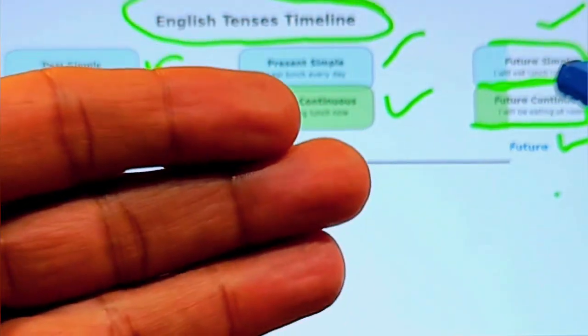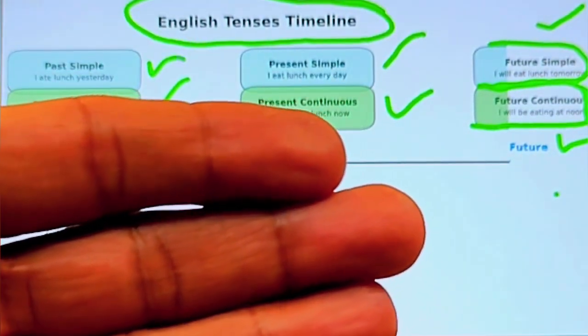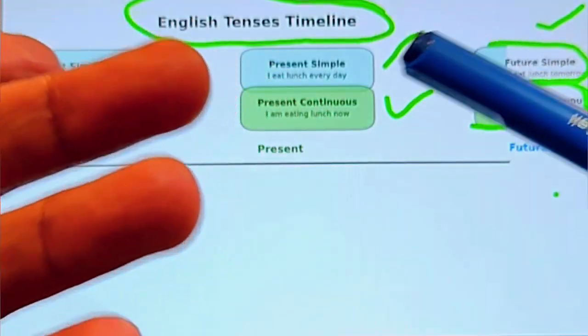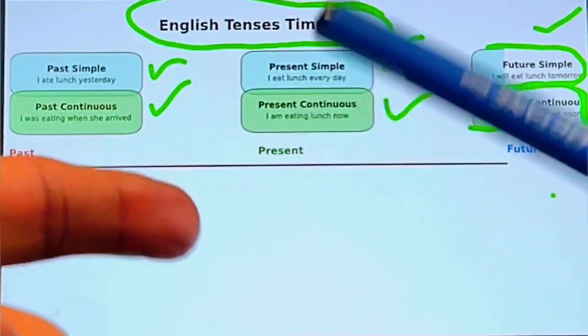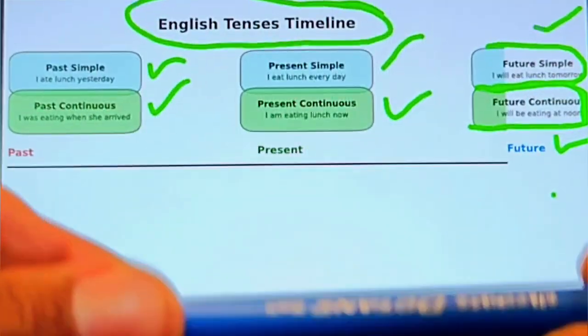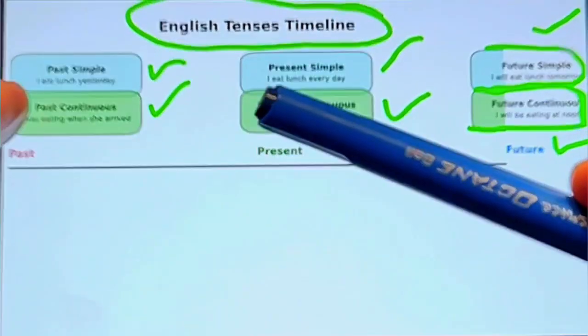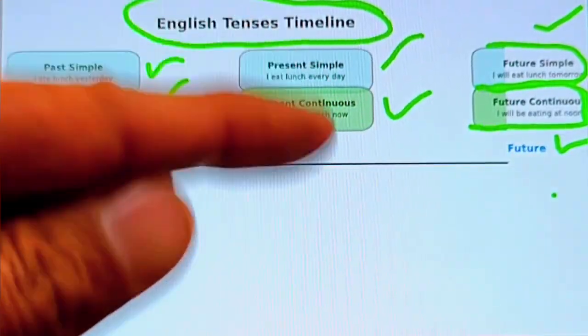And I will eat lunch tomorrow. Tomorrow will be coming. This will be future. Here tomorrow for future, yesterday for past. And now, what is running now, is the present. I eat lunch every day. And we compare the examples here for the continuous, past continuous, present continuous, future continuous.